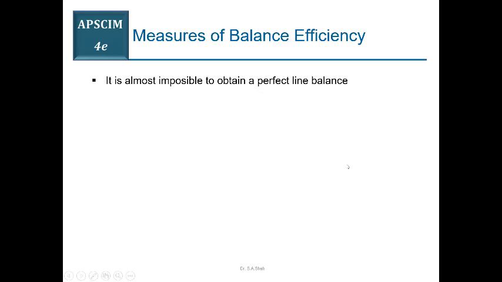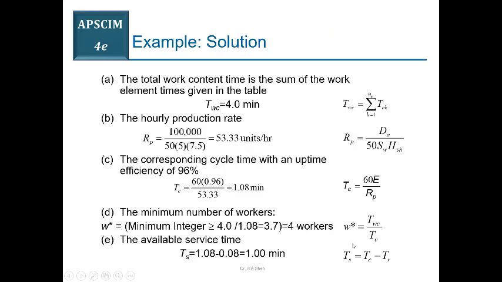ठीक है. So in this case you have the service time. So अगर repositioning time available नहीं है तो फिर आपका बैलेंस एफिशिएंसी जो होगा दैट विल बी Twc डिवाइडेड बाय Tc.